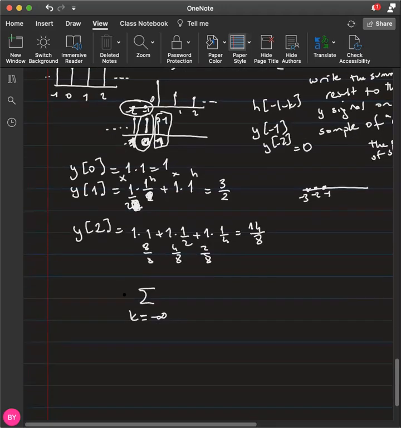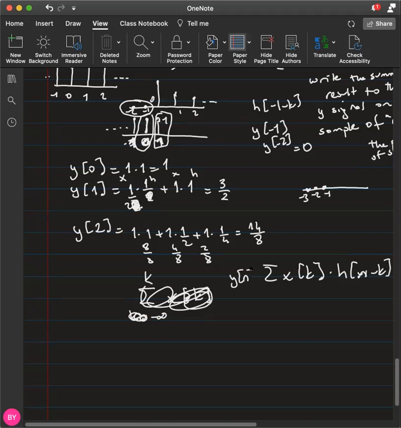So from -infinity to k, I'm going to write x of k times, so the original formulation. The original formulation was this, right? x of k times h of n minus k. So this was my original formulation.